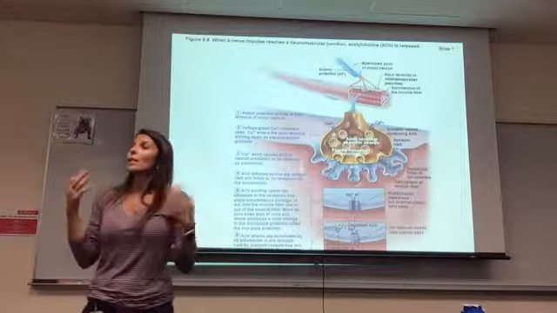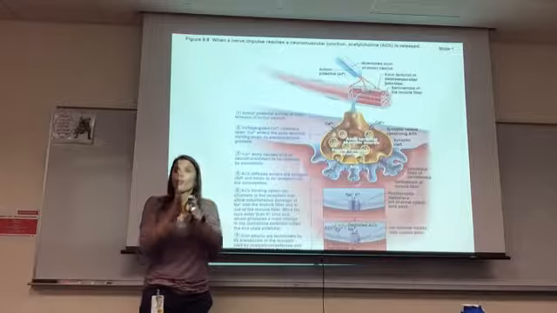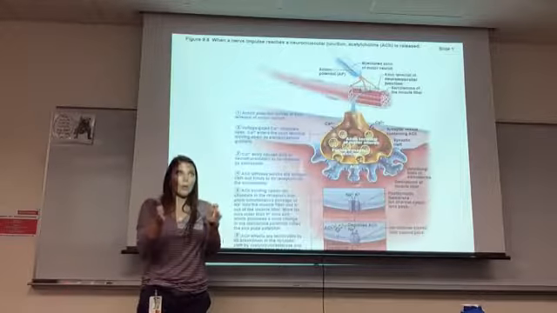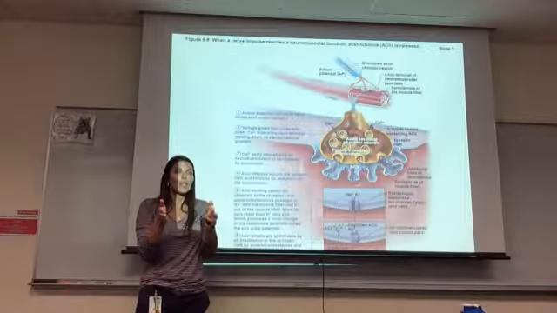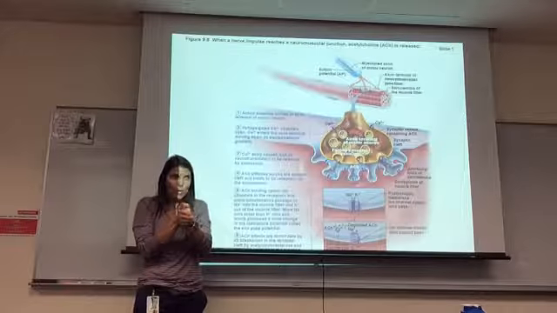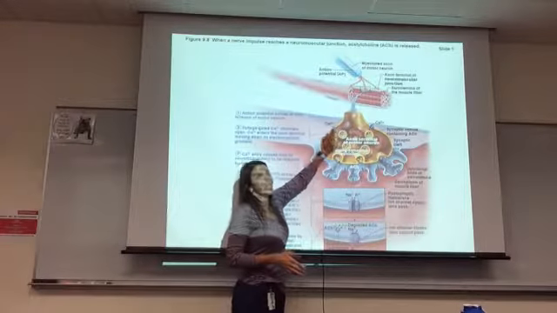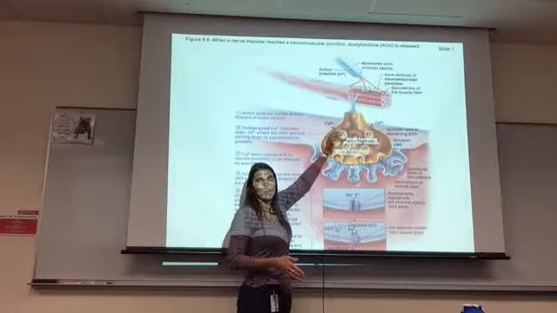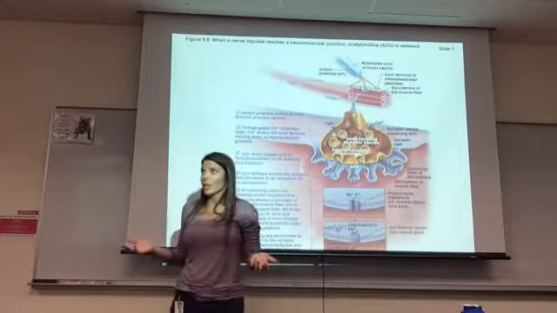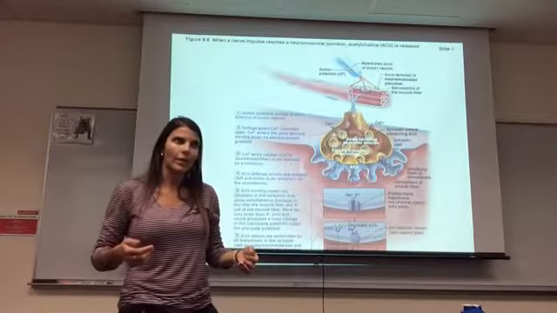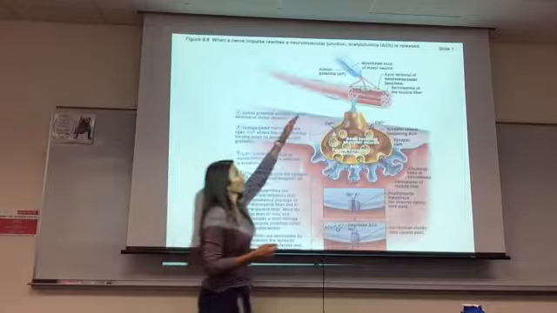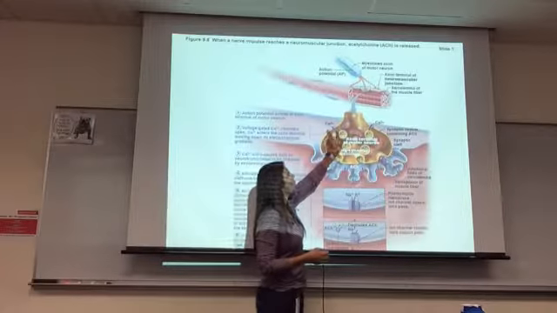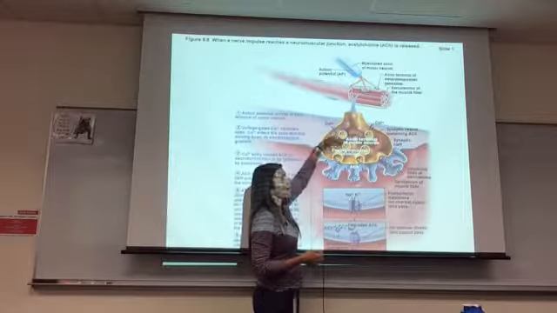So if the electricity is coming, those voltage-gated channels open. If there's no electricity, they stay closed. So these are voltage-gated calcium channels. Calcium, once again, is starting all of this. So here comes the action potential. It opens these voltage-gated channels so that calcium can come in.